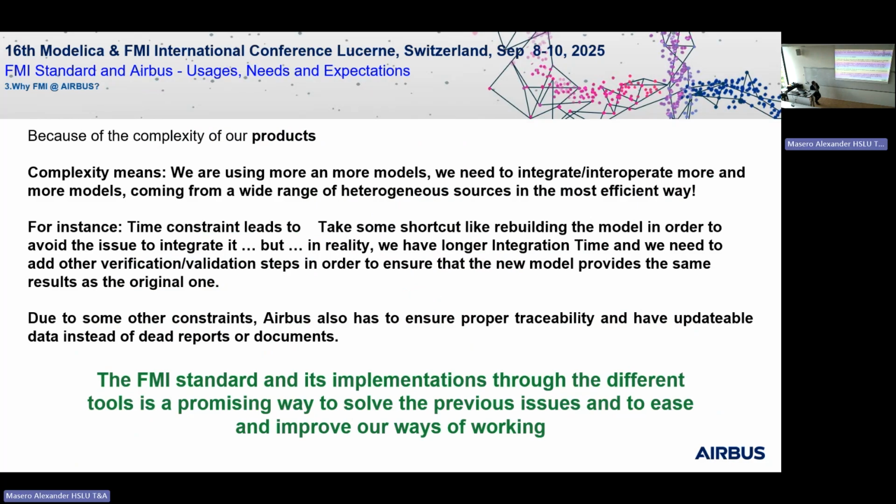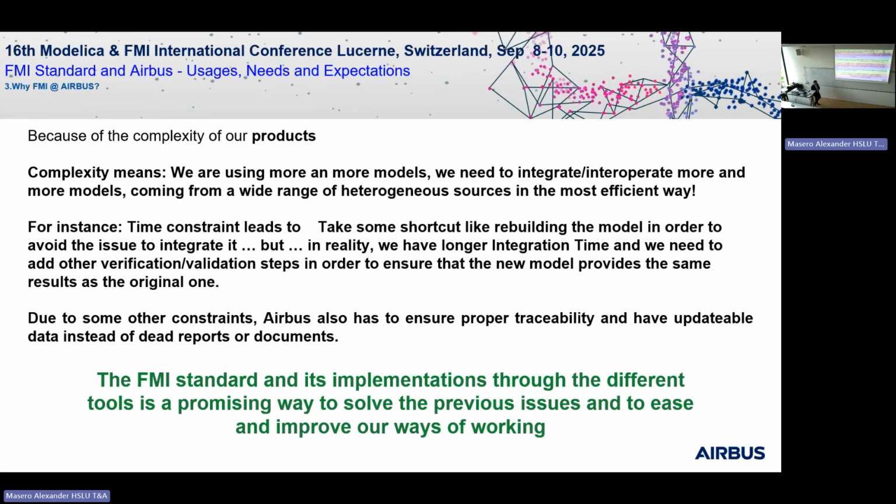Why FMI at Airbus? The obvious answer is because of the complexity of our product. We need to deal with a large number of models. We need to integrate them and operate them, and they are coming from a wide range of heterogeneous sources.